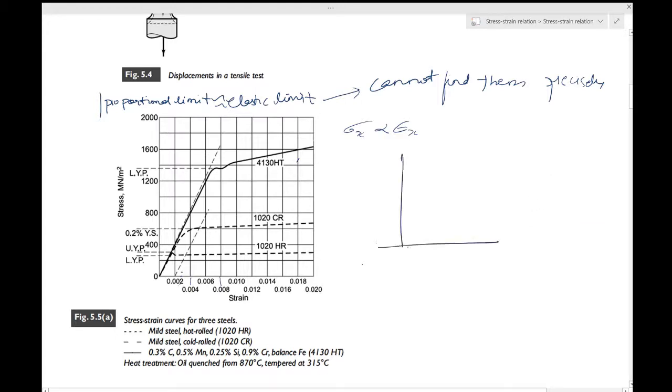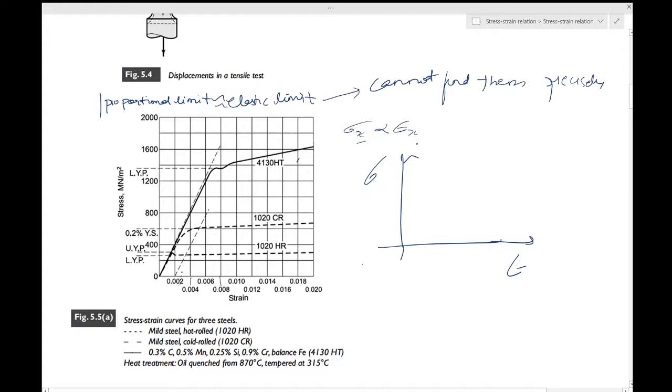I'm just writing sigma and epsilon assuming it's all in the x direction only, so I'm missing out the subscript, just because it's easier this way. There will be a stage in this chapter where we'll have to use the full form. Because we are only discussing the uniaxial tensile test, I think it is fair enough to ignore the subscripts.